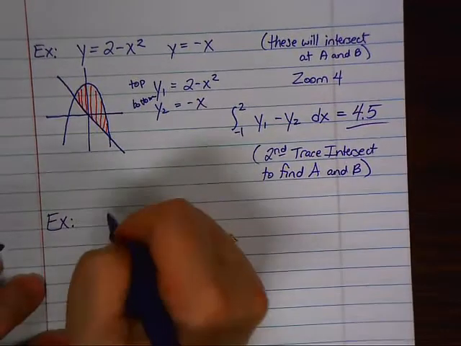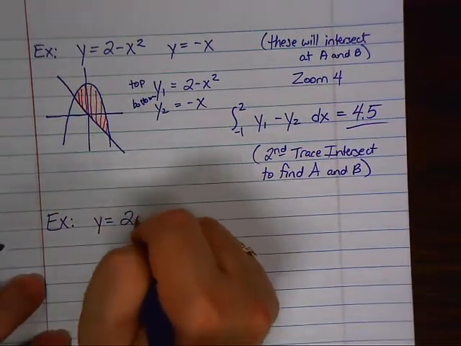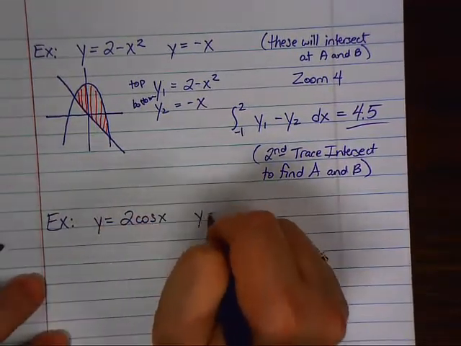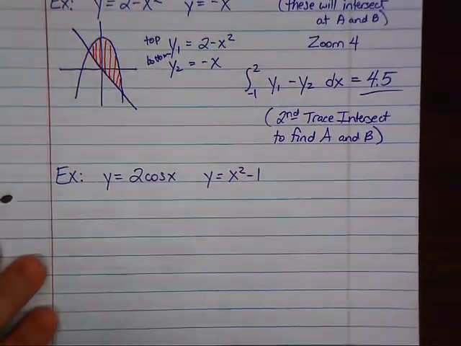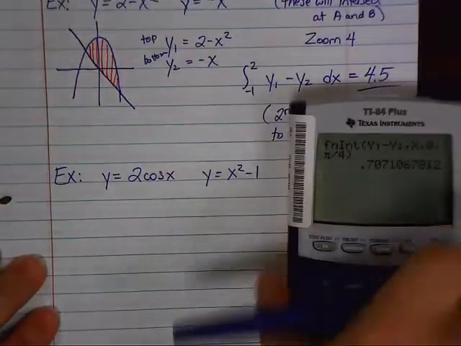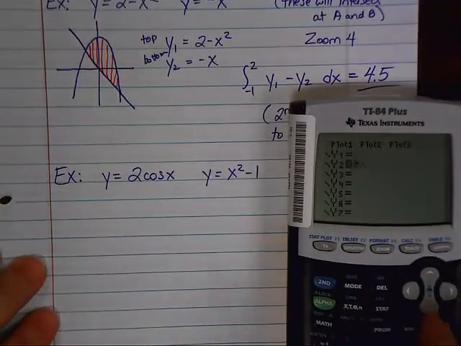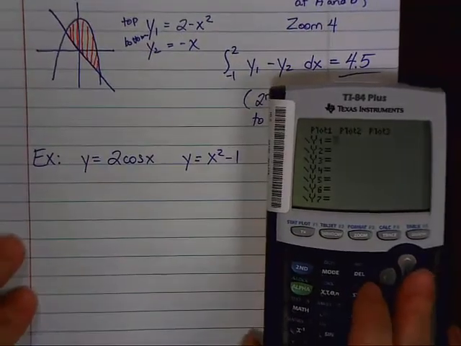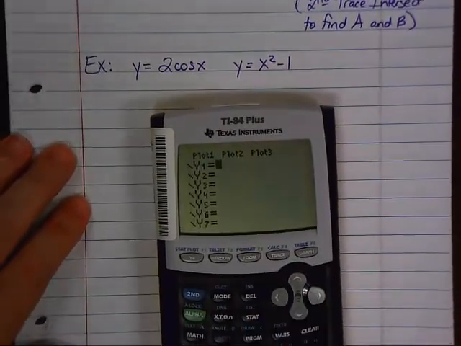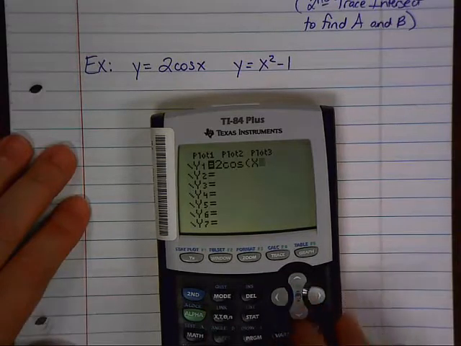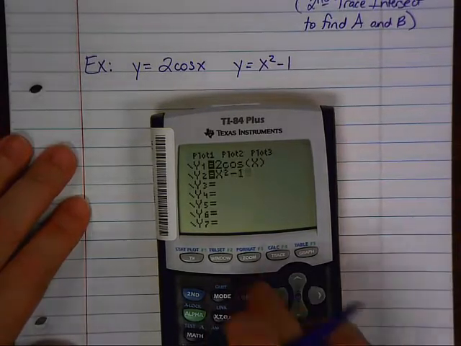Example, real quickly. Y equals 2 cosine of x. Y equals x squared minus 1. I'm going to put it down here so you can see better. That's much better. 2 cosine x, close parentheses, x squared minus 1. Do a zoom 4 again.